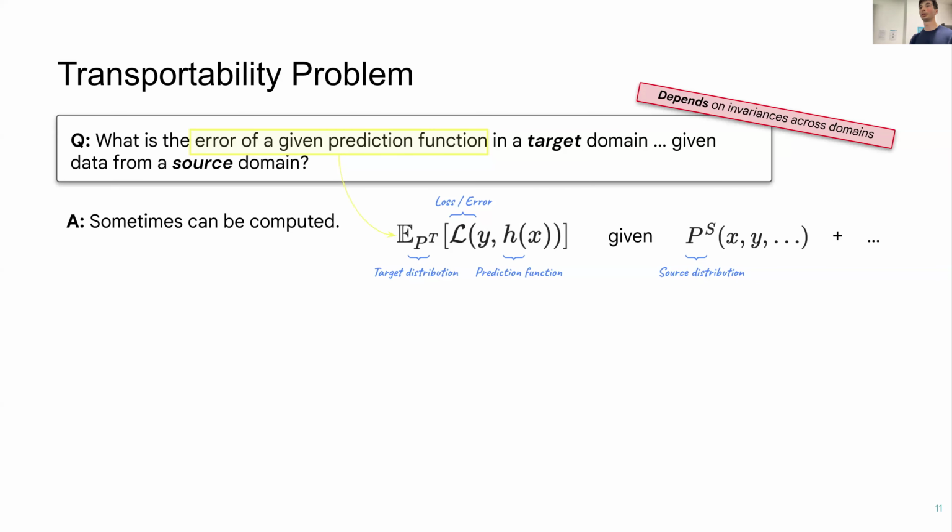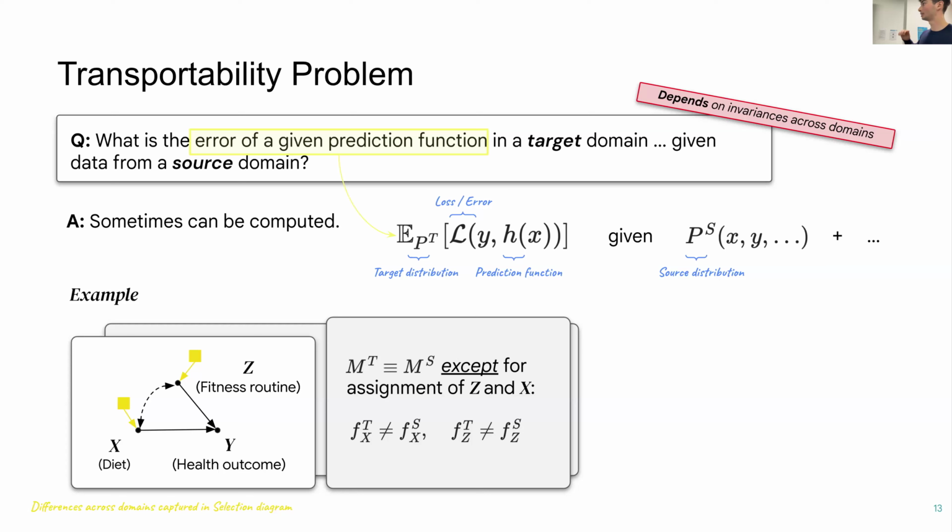So for instance, in this case, we really have that the target model is equivalent to the source model, except for the assignment of X and Z. So potentially the function of assigning value to X in the target domain may be arbitrarily different to the one in the source domain, and similarly for Z.